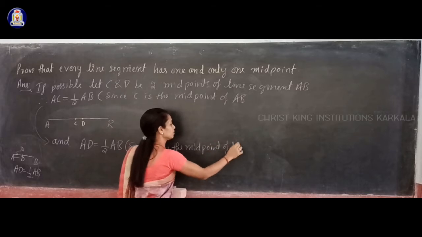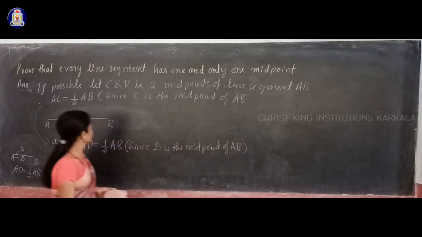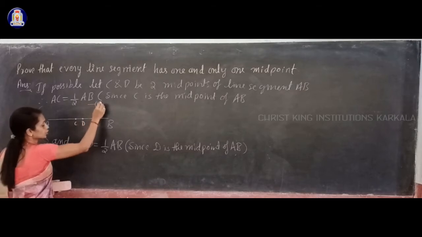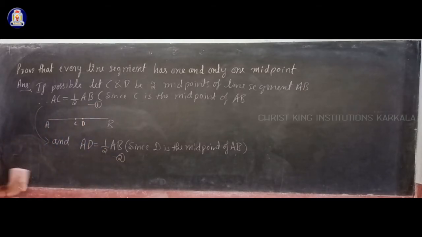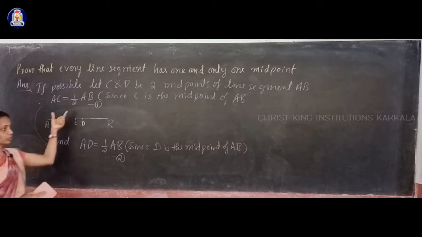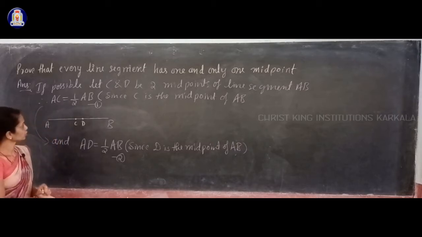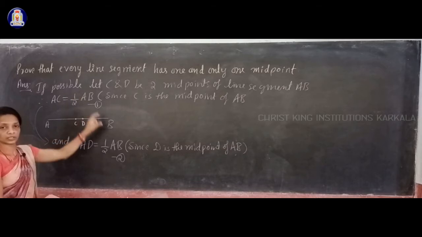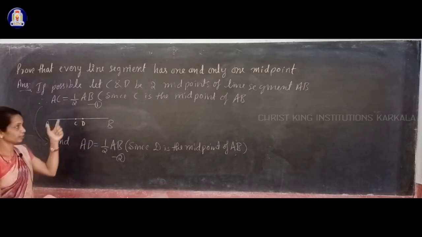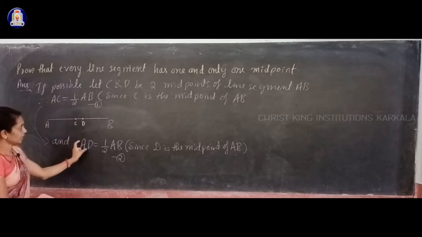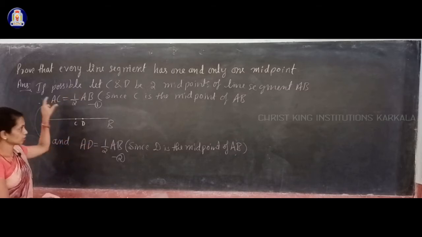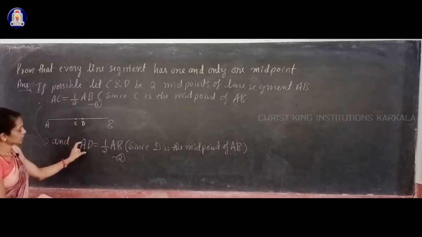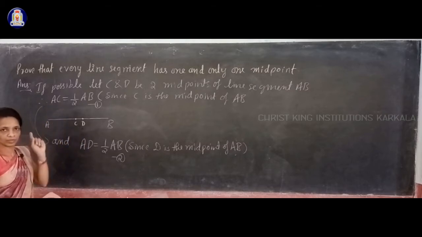I'll take this as equation 1 and this as equation 2. Now you come to equation 1 and equation 2. You have the axiom that things which are equal to the same thing are equal to one another. Now AC and AD both are equal to the same thing, half of AB. So what can we say about AC and AD? They are equal.